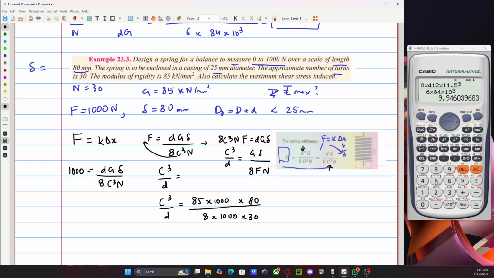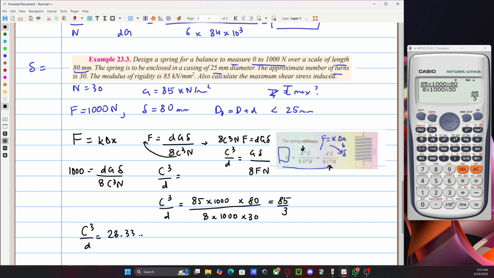So we have 85 times 1,000 times 80 over 8 times 1,000 times 30. This gives us 85 over 3. Now c cubed over d is equal to 28.33.